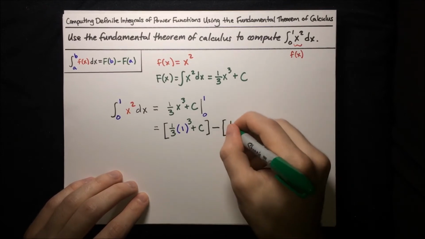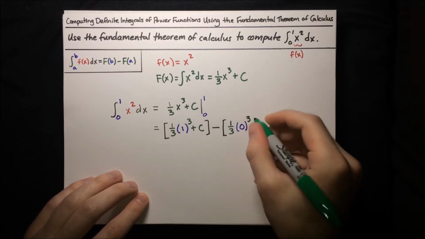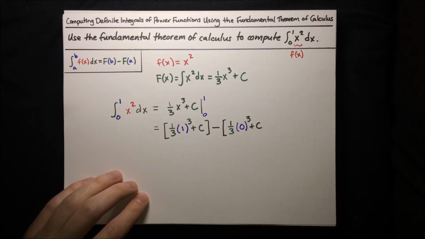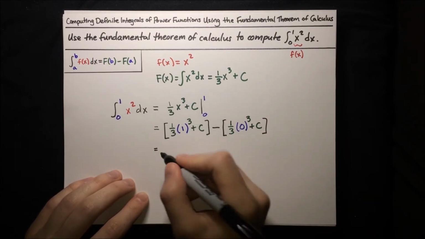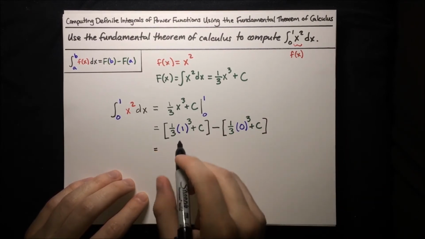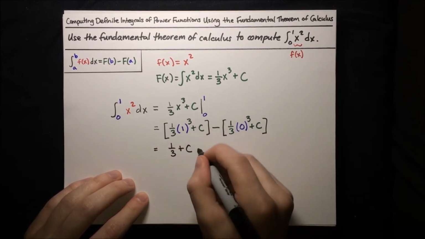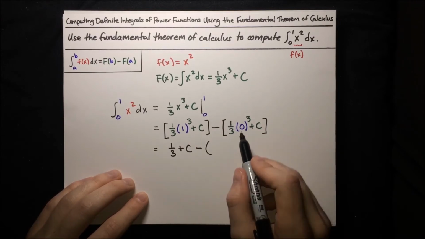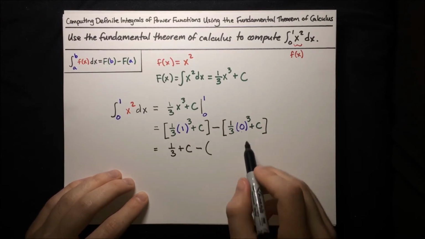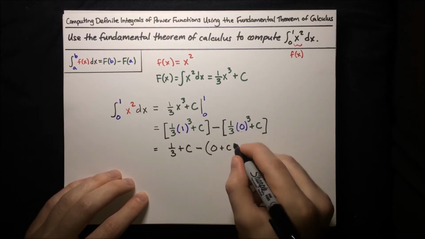So 1/3 times 0 cubed plus our constant of integration, and now we just have to go ahead and compute this. Okay, so this comes out to 1/3. 1 cubed is just 1, so this is just 1/3 plus c, and then minus, put in parentheses, 0 cubed is just 0. So this is 1/3 times 0, which is just 0. And then plus our constant.